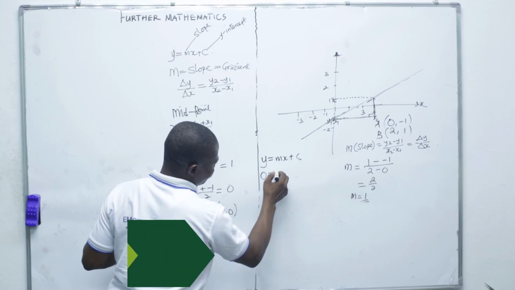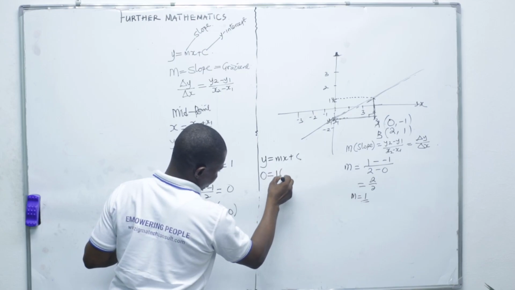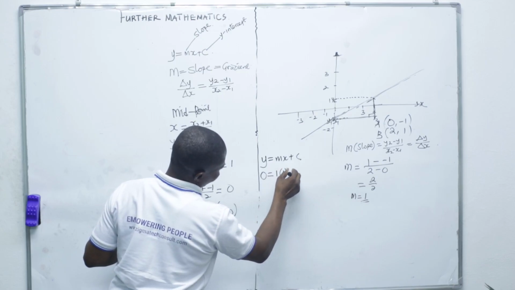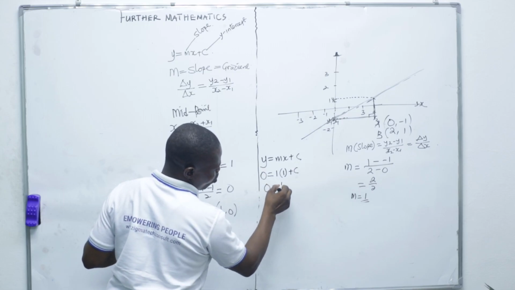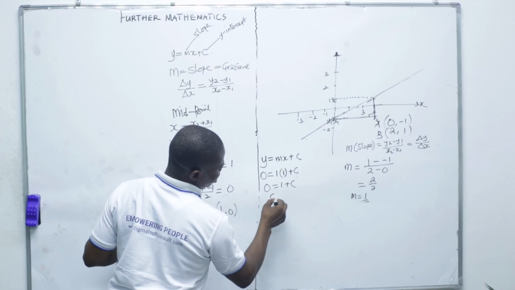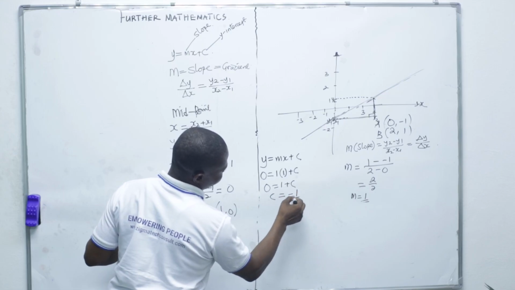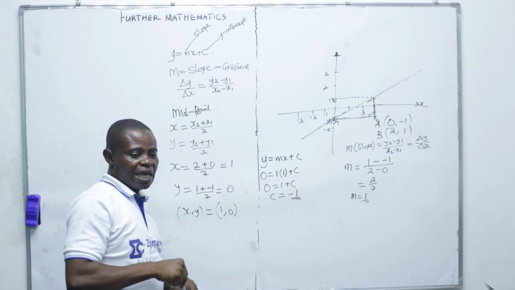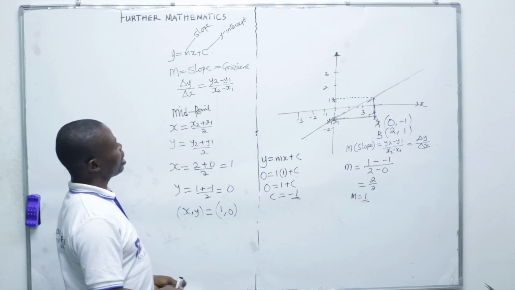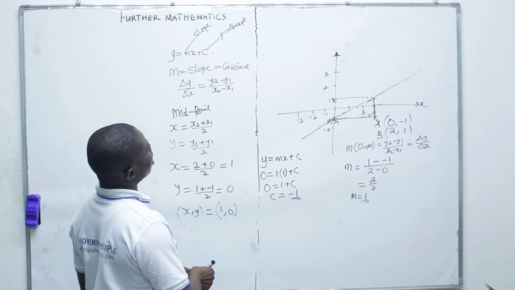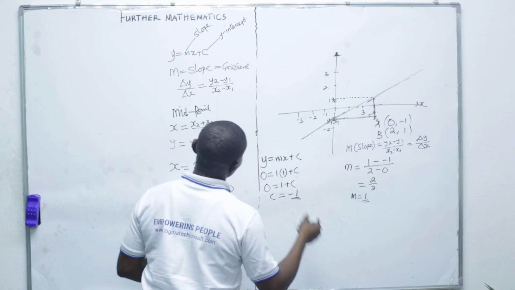Equals m. What is my m? 1 into x. What is my x? 1 plus c. So I'll now have that 0 equals 1 plus c. C now equals minus 1. I have my y-intercept as who? Minus 1. Okay, once I have this, I will go back to the original equation.